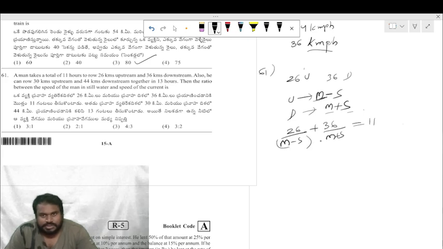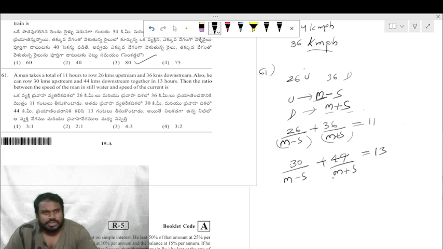Next, 30 kilometers upstream and 44 kilometers downstream, total 13 hours: 30 by m minus s plus 44 by m plus s, total 13 hours. Then the ratio between the speed of the man in still water and the speed of the current.